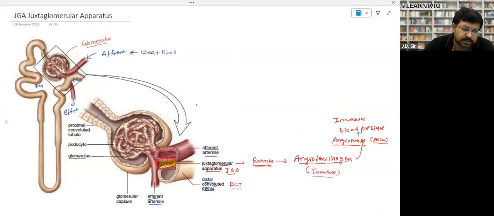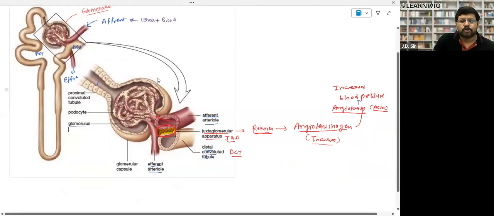Try to understand. This is the afferent part, meaning urea plus blood goes in. This is the efferent part, where filtered blood comes out. This part is called PCT, this is DCT. So at the junction of the efferent, afferent, and DCT, this is the enlarged structure.